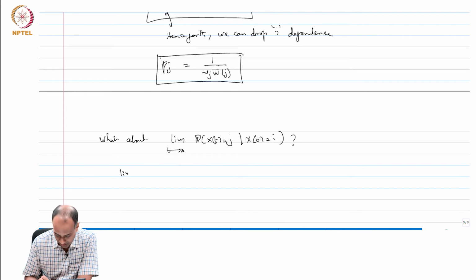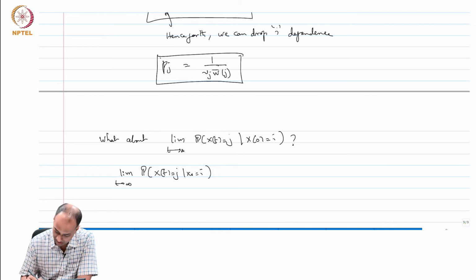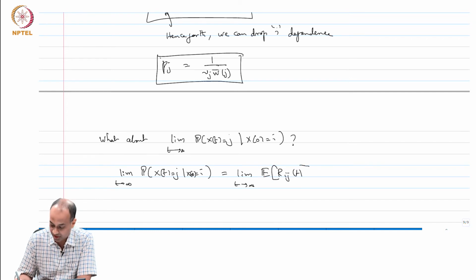We have the limit t tending to infinity of the probability of X t equals j given X naught equal to i, which is simply the limit t tending to infinity of the expected Rij of t.